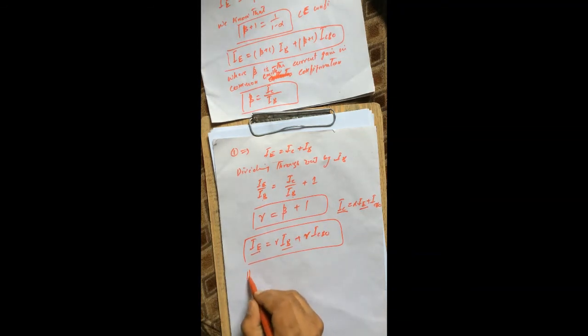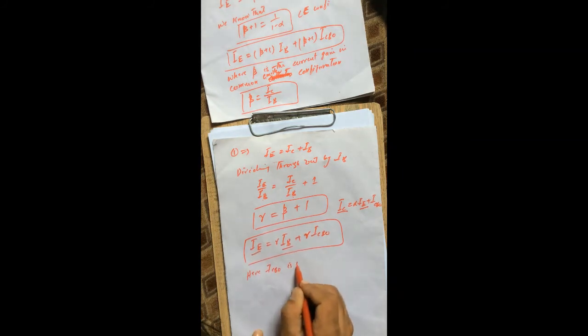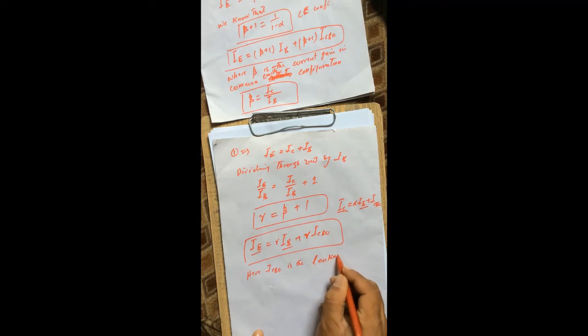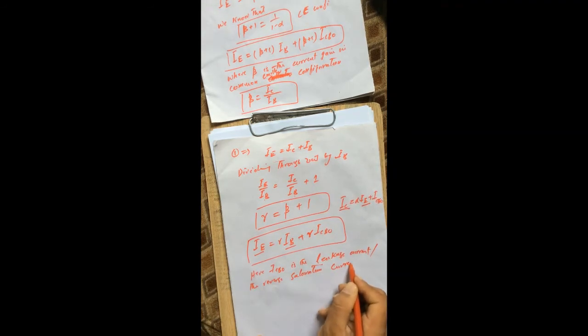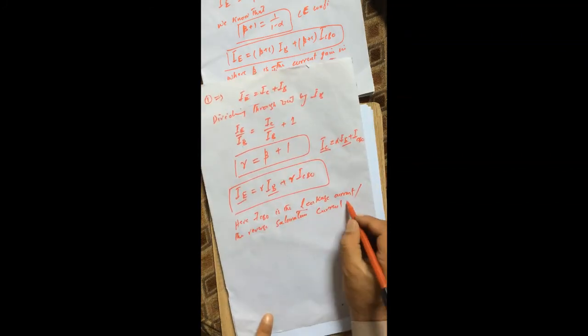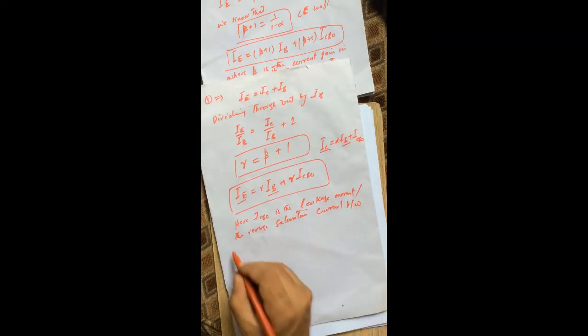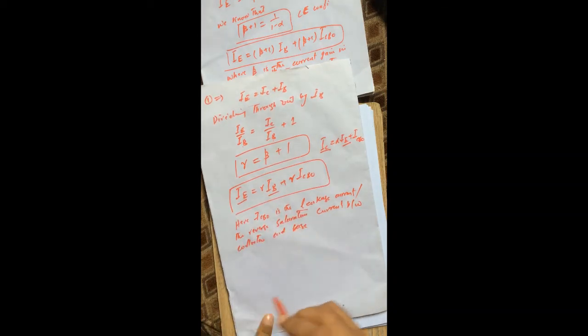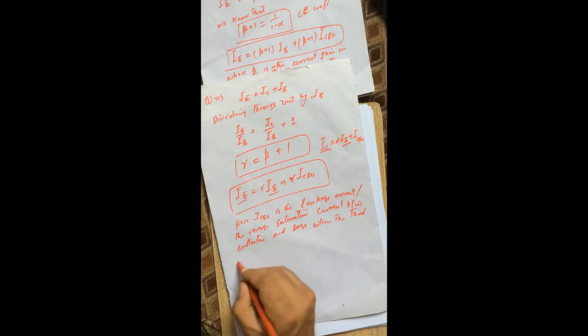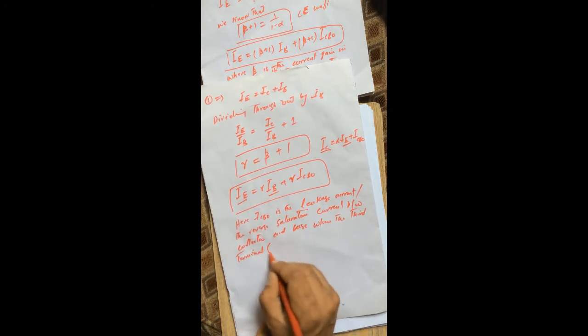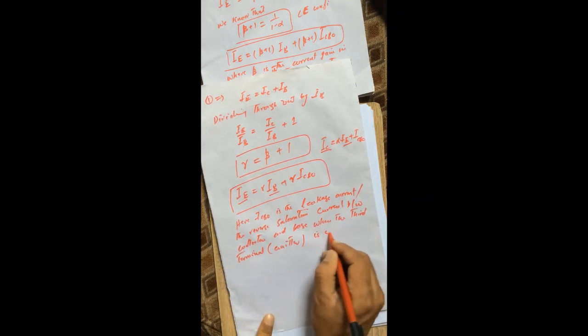Here ICBO is the leakage current, or we can also call it the reverse saturation current between collector and base, when the third terminal, which is the emitter, is open.